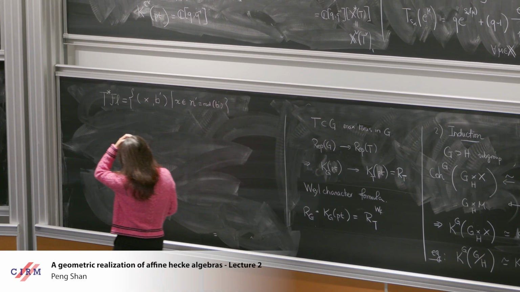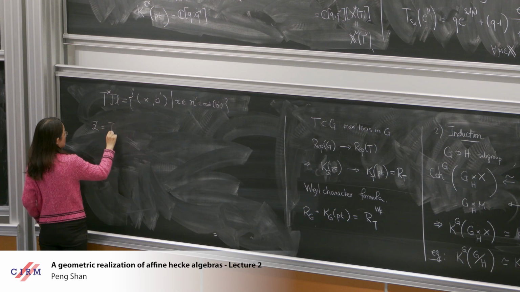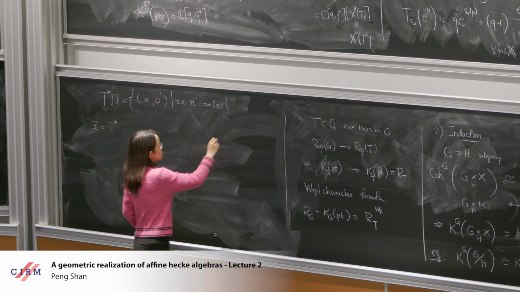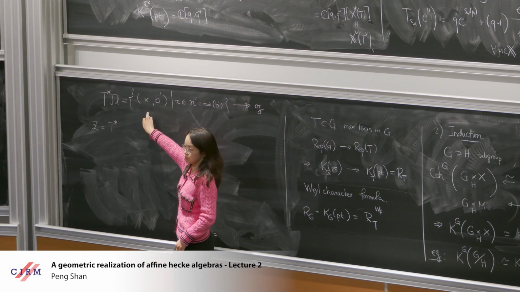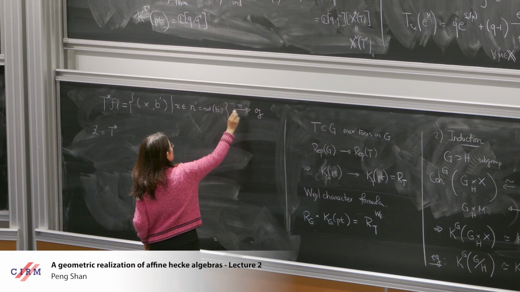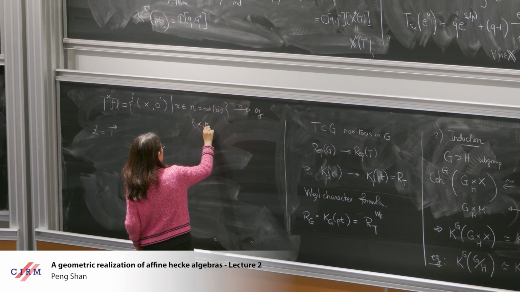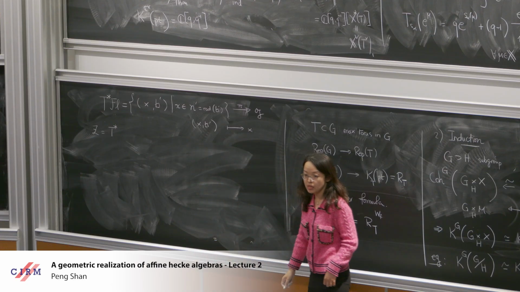Okay. And now the Steinberg variety is two copies of this, and the map to g, if you write it in this way, is just projection on the first coordinate. So this pi just sends such a pair to x. Okay?